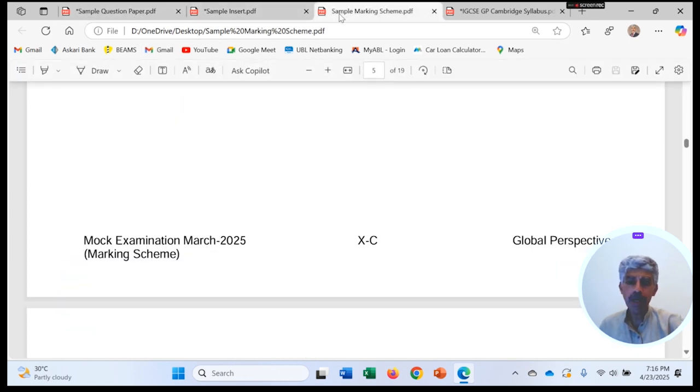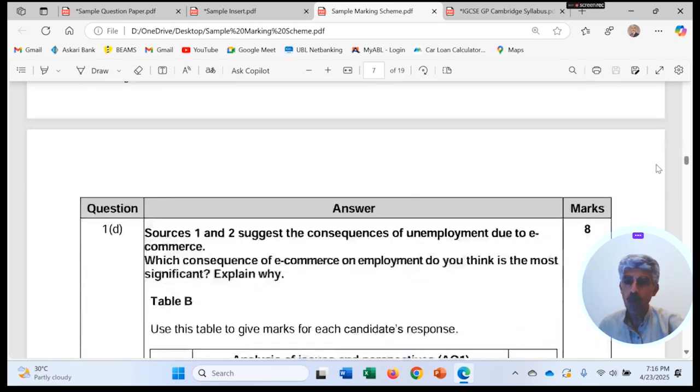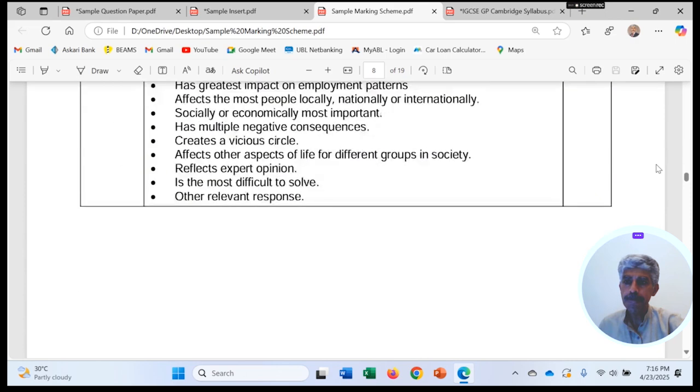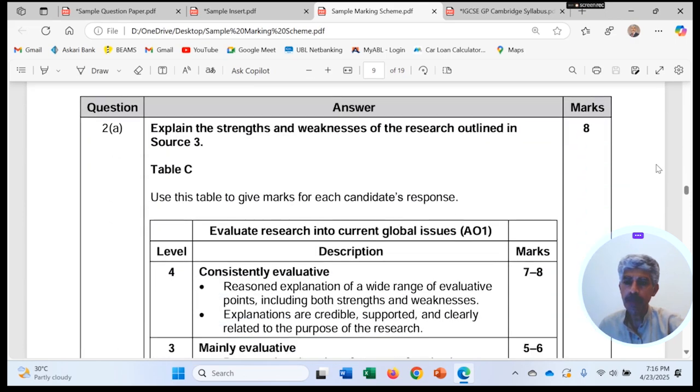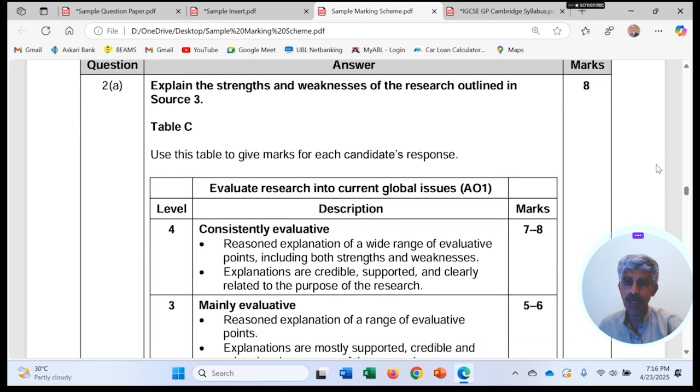If I go to the marking scheme of the same question, here is the marking scheme of question number 2. Explain the strengths and weaknesses of the research outlined in source 3.